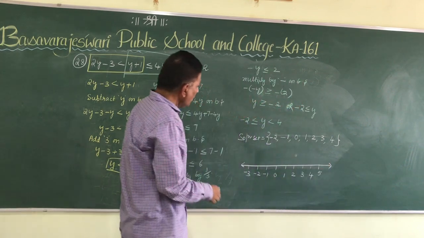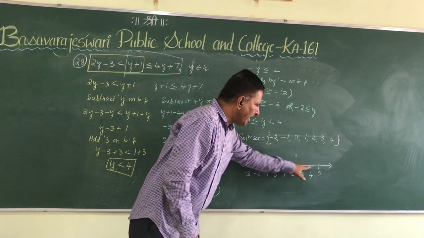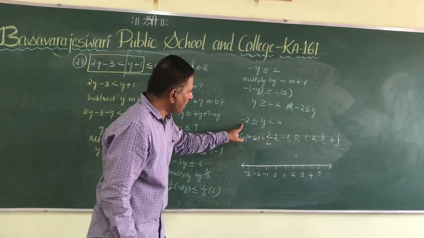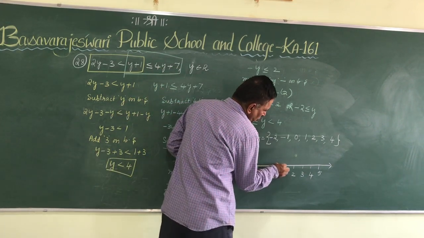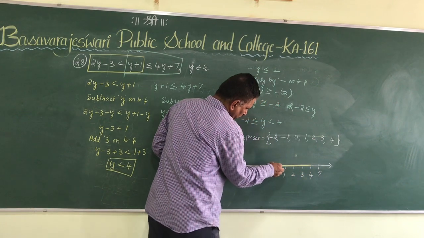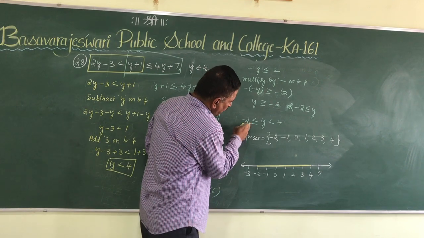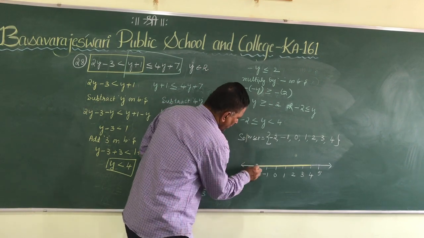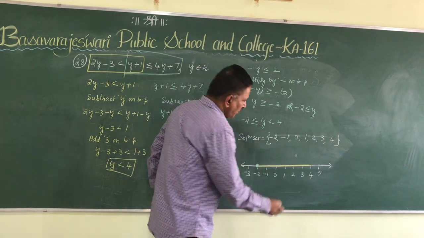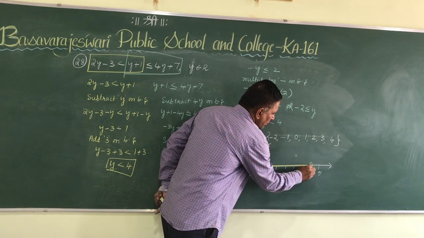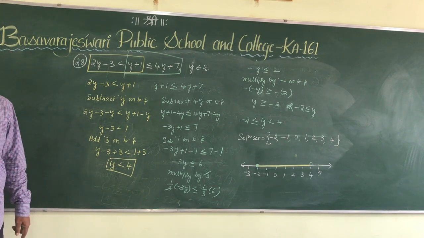Since it is a real number, you are supposed to draw a thick line on the number line from minus 2 to 4. Remember, for minus 2 the equal sign is given, hence you have to put a solid circle on it. For 4 the equal sign is not given, so you have to put a hollow circle for that. This is what the 28th question is about.